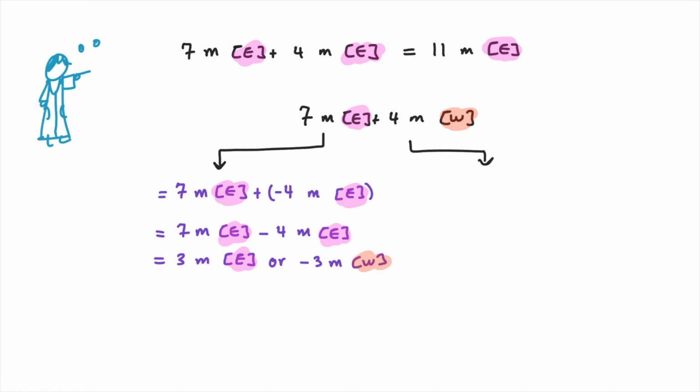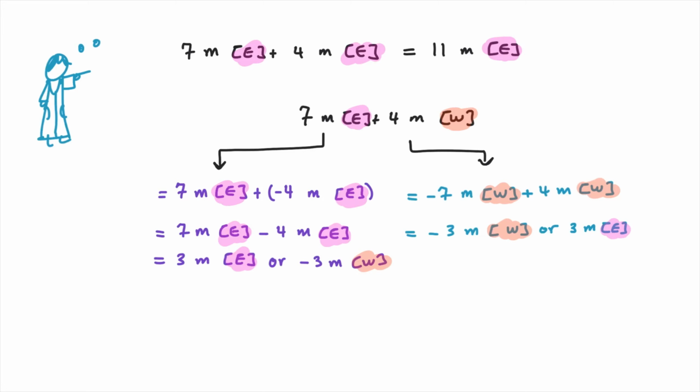If you were to use west as your positive sign convention, you will have negative 7 meters west plus 4 meters west, which will equal negative 3 meters west or 3 meters east. Note that both methods will get you consistent results.